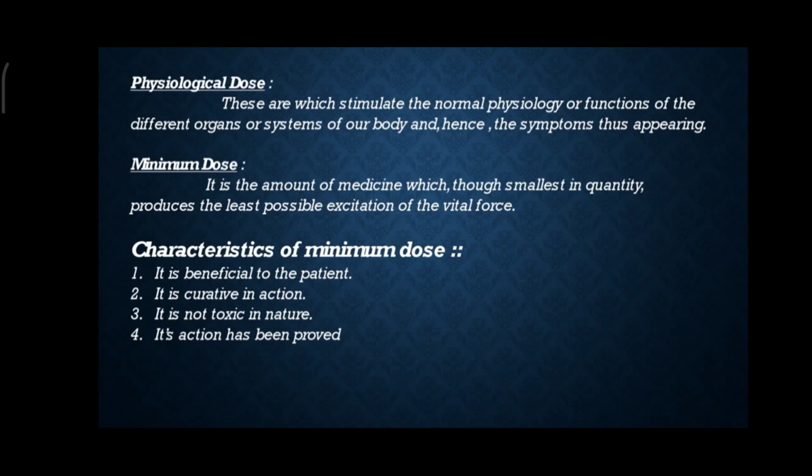Minimum dose. It is the amount of medicine which, though smallest in quantity, produces the least possible excitation of the vital force and yet is sufficient to effect the necessary changes in it. What are the characteristics of the minimum dose? It is beneficial to the patient, it is curative in action, it is not toxic in nature, and its action has been proved.